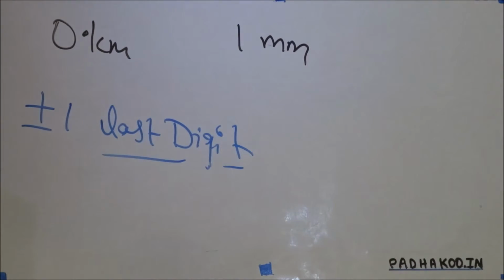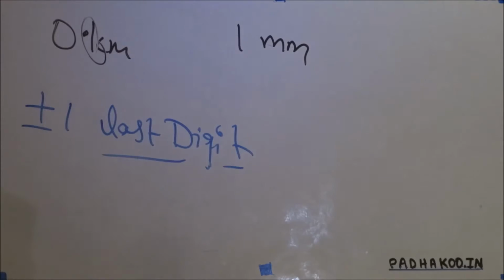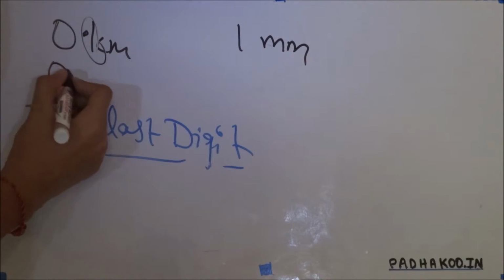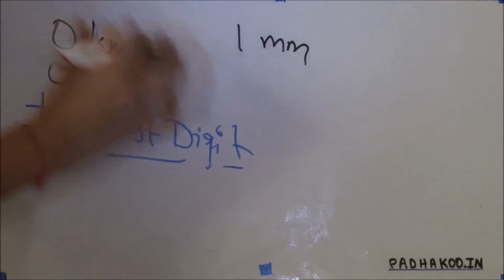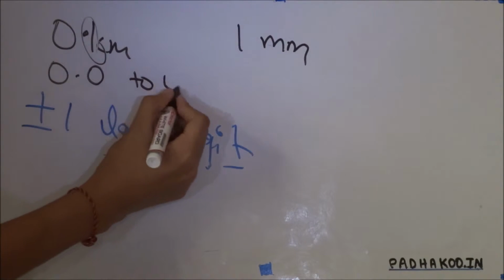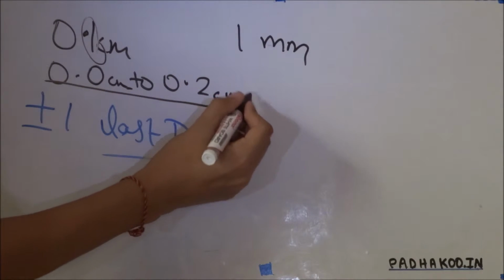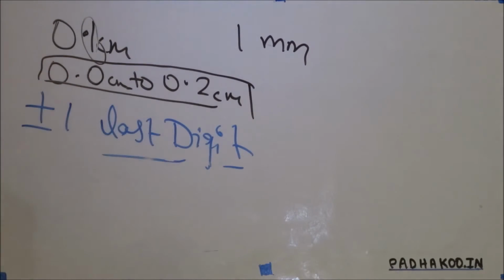So to the last digit, this means that this is the last digit. After doing plus minus 1, we just need to say that the actual answer lies between 0.0 to 0.2, obviously centimeter. We need to say this because of uncertainty, and we don't know how much uncertain we are, so in normal cases where uncertainty is not given, we take it as plus minus 1.